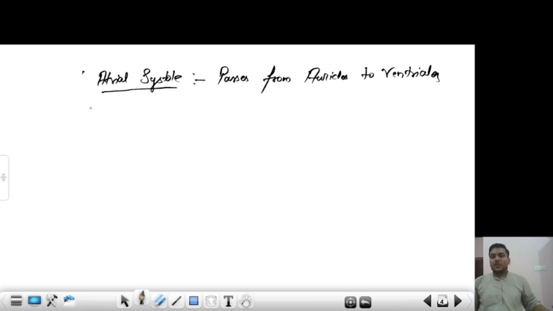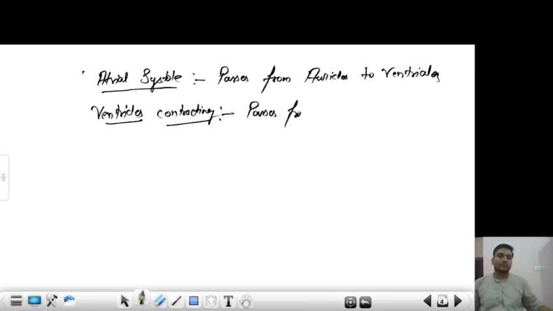After atrial systole, meanwhile, when the auricles are relaxing, the ventricles start contracting. That is ventricular systole. During ventricular systole, all the blood passes from the right ventricle to the lungs and from the left ventricle to the body.